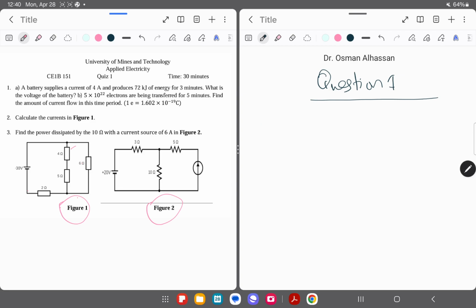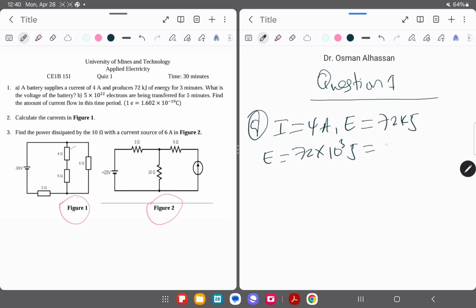This is question 1A, right? We have a battery supplies a current of 4 amps. So I have current to be 4 amps. And then the energy is 72 kilojoules, right? So kilojoules, that is going to be 72 times 10 to the power 3 joules, which is going to equal 72,000 joules of energy.